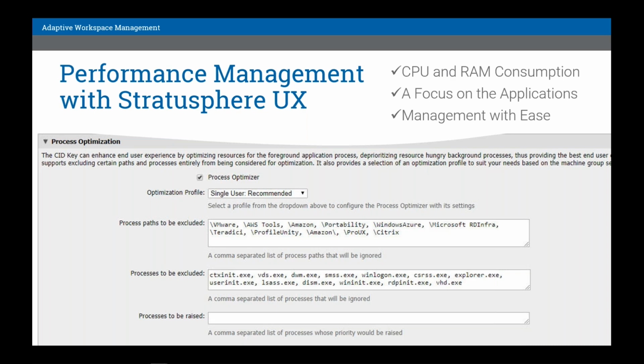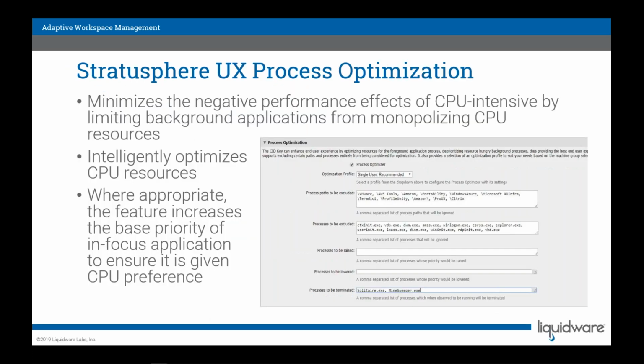Again, it's about focusing on those applications that are the most meaningful at any point in time and ensuring, with very easy management, very easy deployment, that those applications are given resource priority when there becomes a constraint in an environment, when there becomes some issue as it relates to resource availability and performance.